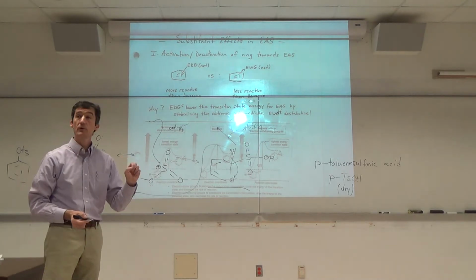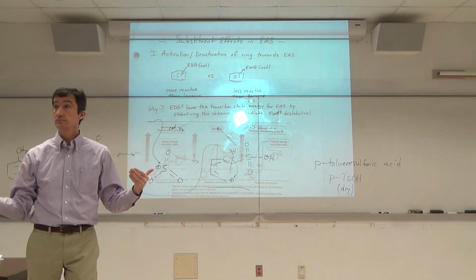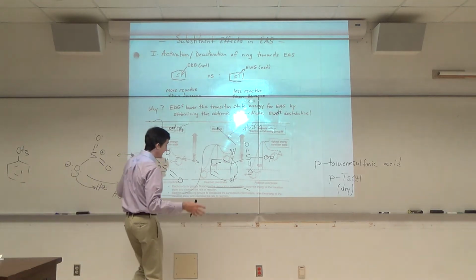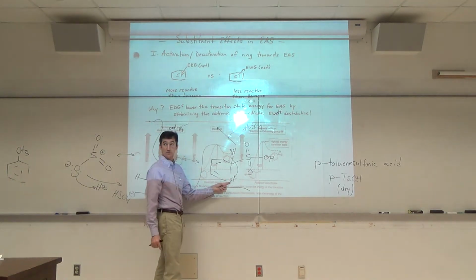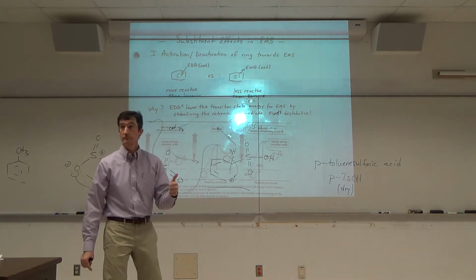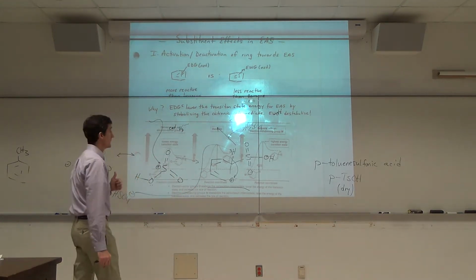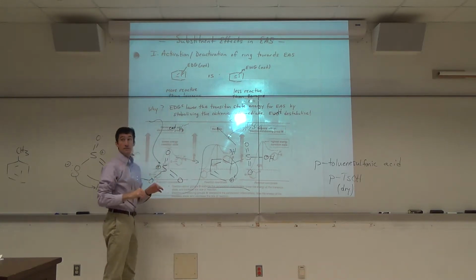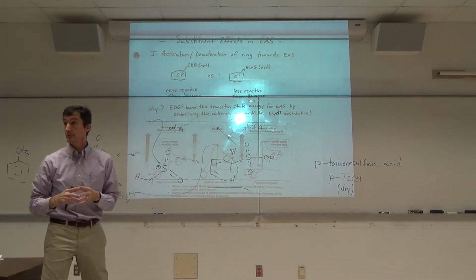How do you stabilize carbocations? Do you donate or withdraw? You donate. So if we have donating groups, is that going to stabilize the plus? Yes. And that will make it more easy to form? Yes. So donators are going to make it more reactive. Because donators stabilize the positive that you form.